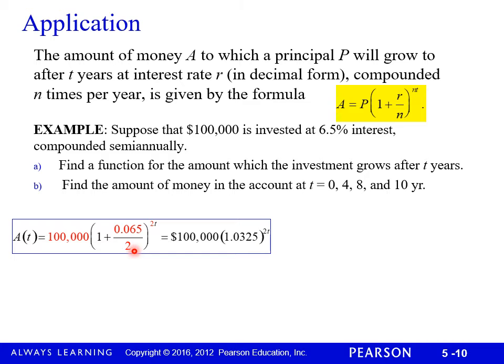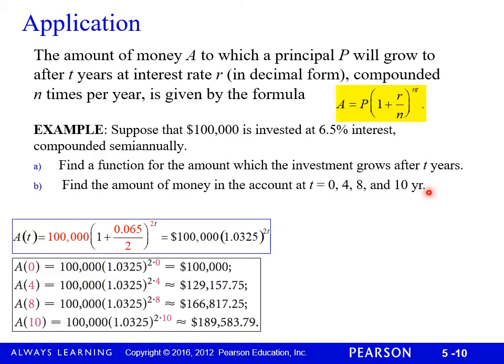Our question B was to find the amount of money in the account after 0, 4, 8, and 10 years. The easiest thing to do here is use your y equals function in your calculator. Y equals 100,000 times parenthesis 1.0325 parenthesis raised to the power of 2t. And then go to the table function and see where x equals 0, 4, 8, and 10, and then you can find these values.